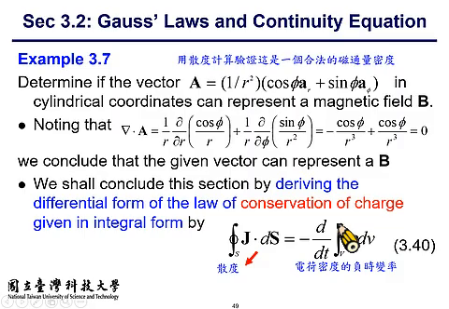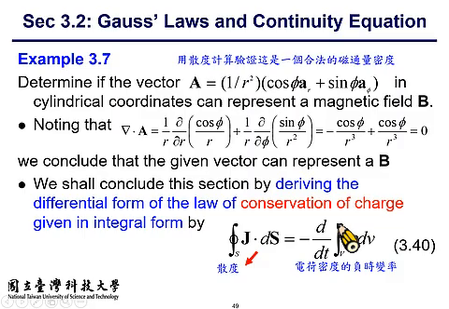By comparing the integral form with Gauss's law for electric and magnetic fields, we can write the differential form of the conservation of charge.